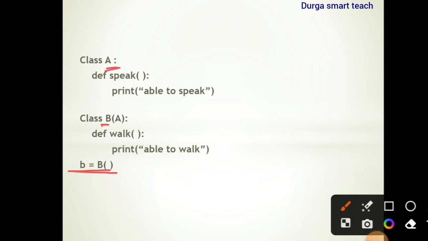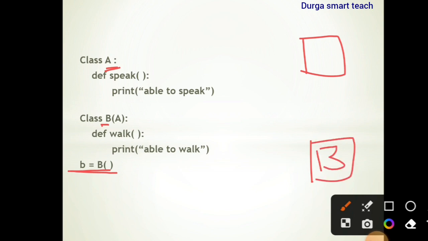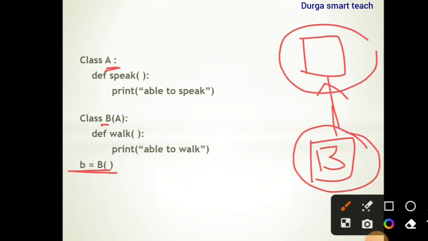If you derive the B class from the A class, it means the B class contains the properties of the A class. Whatever properties the A class contains are also derived. So b is equal to B, where b is an object and capital B is a class.